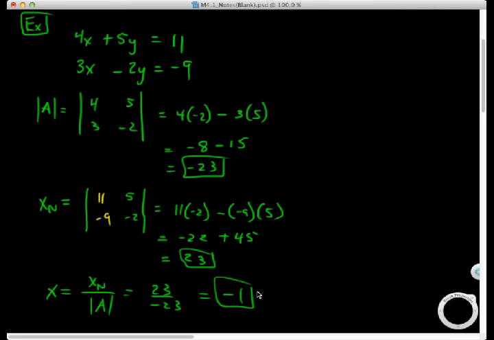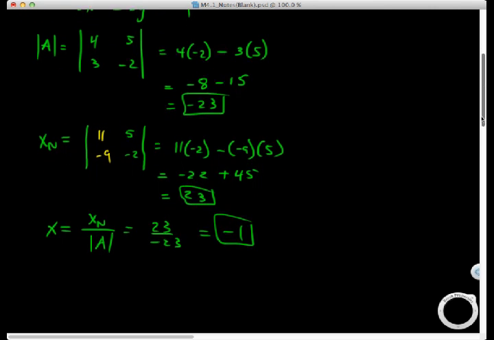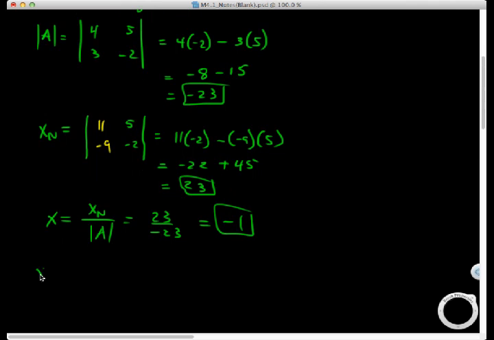This technique can be more efficient than, say, elimination sometimes, depending on what numbers I have. It's much more algorithmic, where it's just a quick little formula instead of a whole process. So let's find the y numerator, and then we'll have our whole answer.